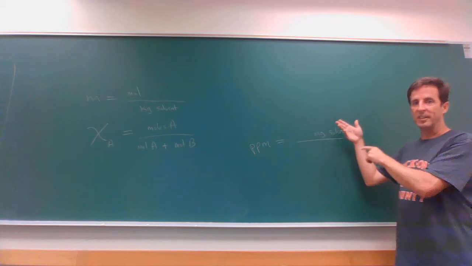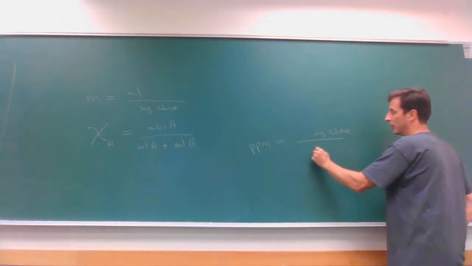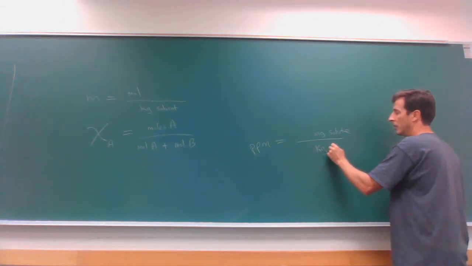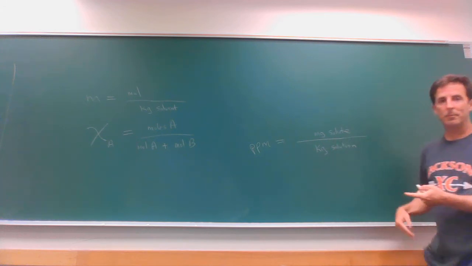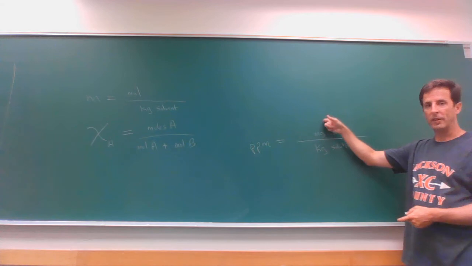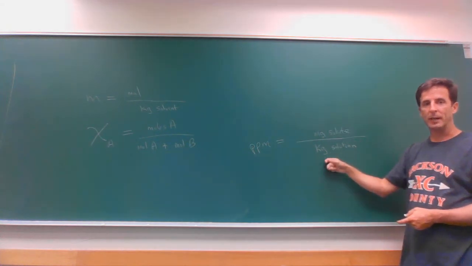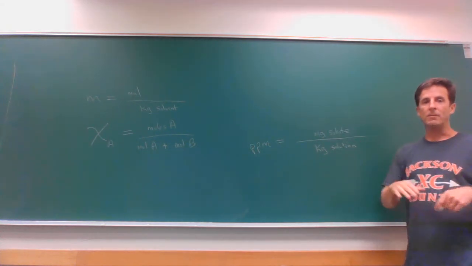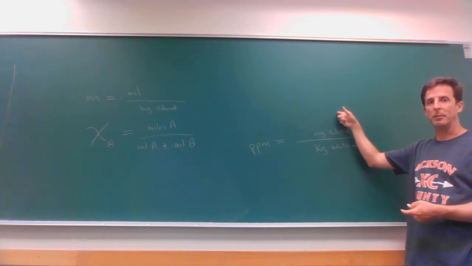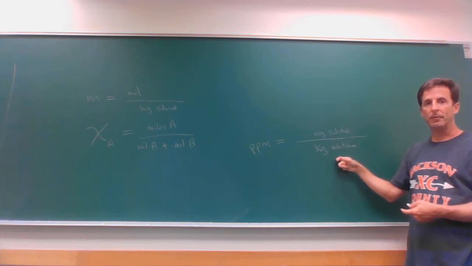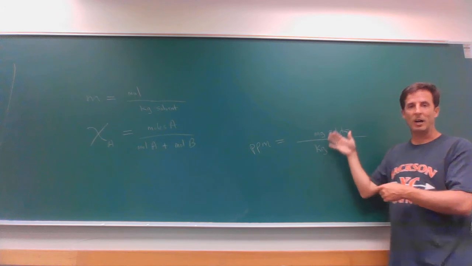The unit that's 10 to the 6th bigger than that is kilograms. So basically, 1 ppm would be 1 milligram of the solute dissolved into a kilogram of the solution. 25 ppm would be 25 milligrams to 1 kilogram. Okay? Now, those units are not locked in.